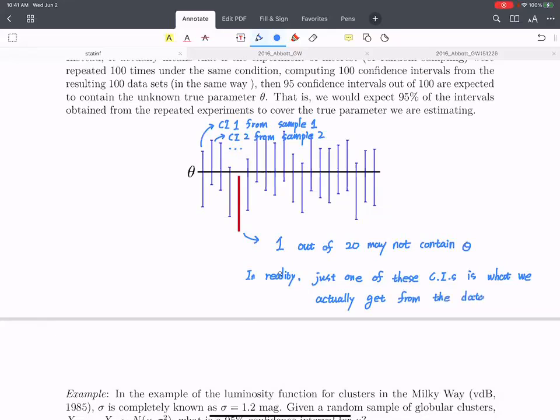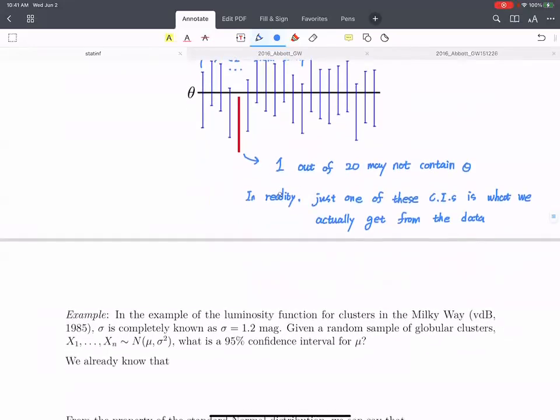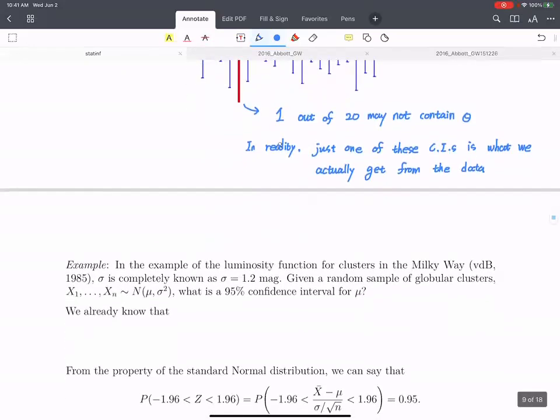The interpretation is based on a hypothetical repetition of experiments, but in reality, just one of these 20 intervals is what we actually compute from the realization of the data.